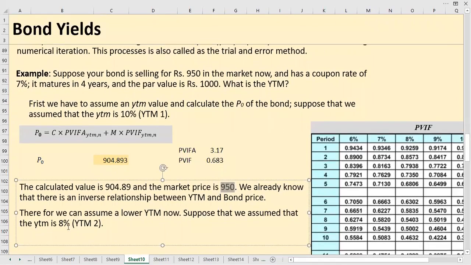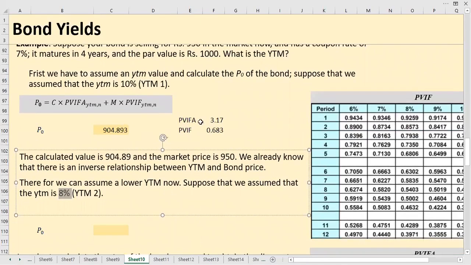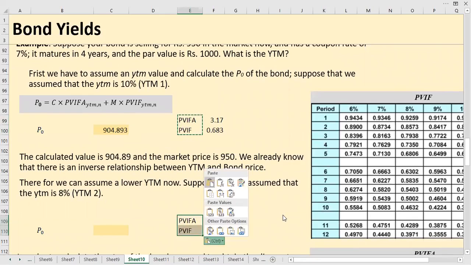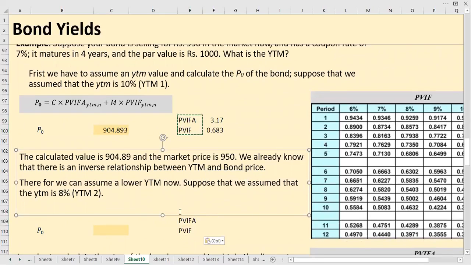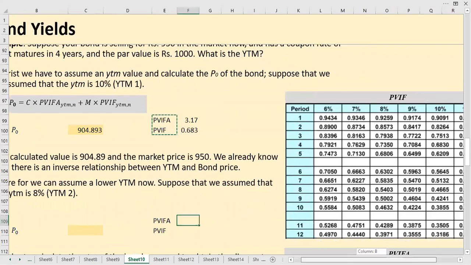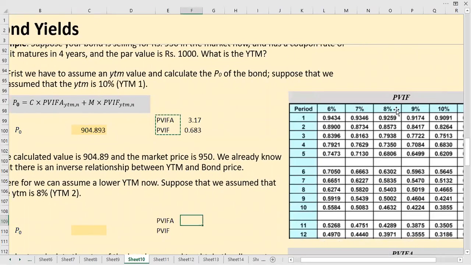So if I want to increase the price, I need to decrease the required rate of return. Because of that, I am going to assume 8% here, not 10%. Assuming 8%, again I am going to calculate the present value. So again I am going to go to the chart and find the 8% PVIF value, 4 years, 8%, 4 years.